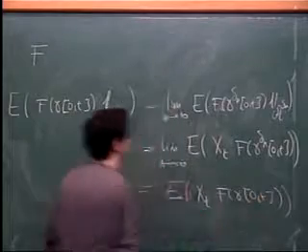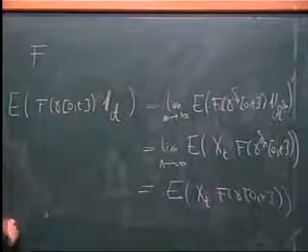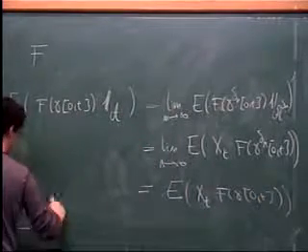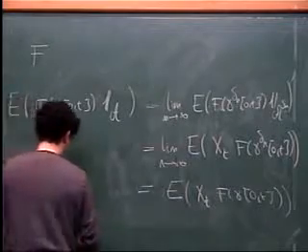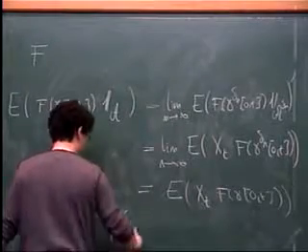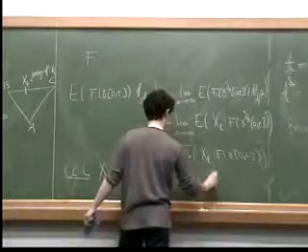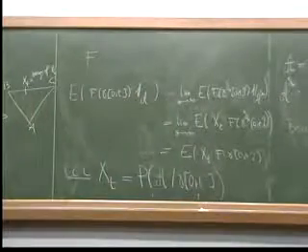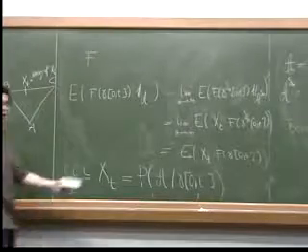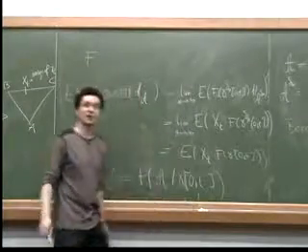Right? So the conclusion is that xt is nothing else than the conditional probability of A given gamma up to time t. Remember that xt is a deterministic function of gamma up to time t.